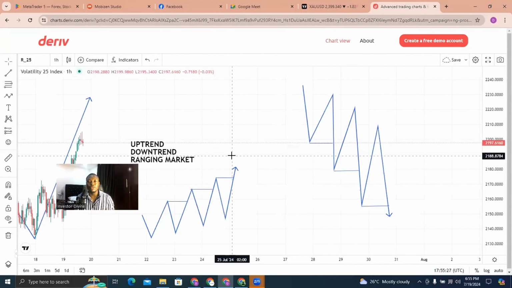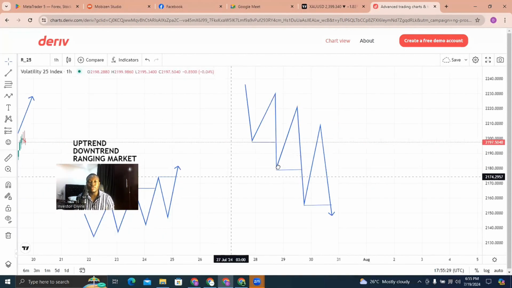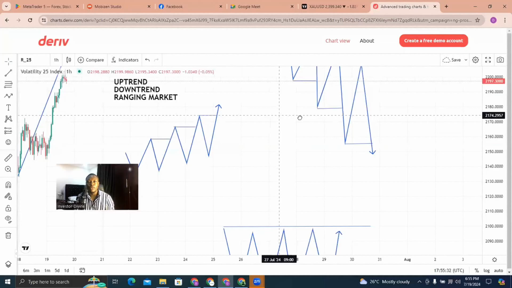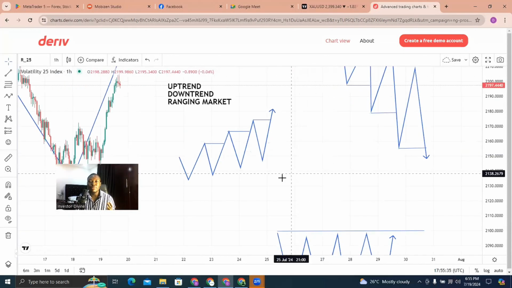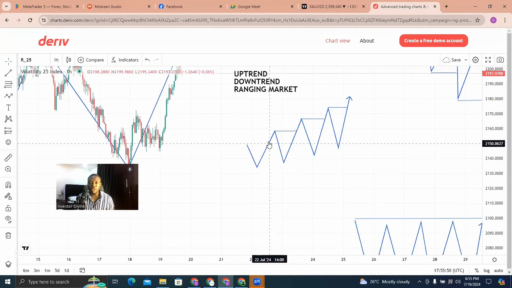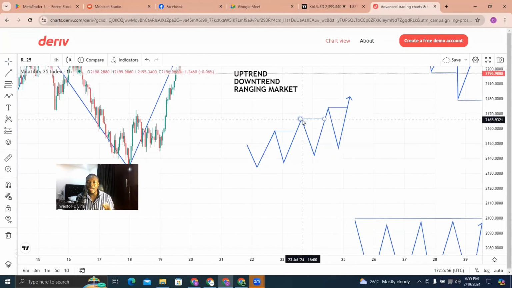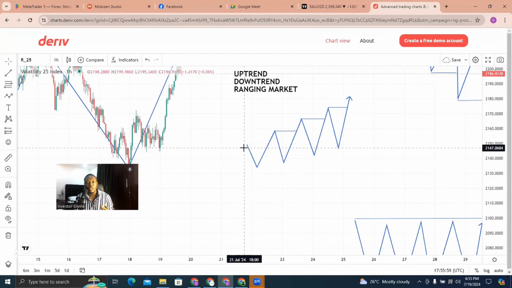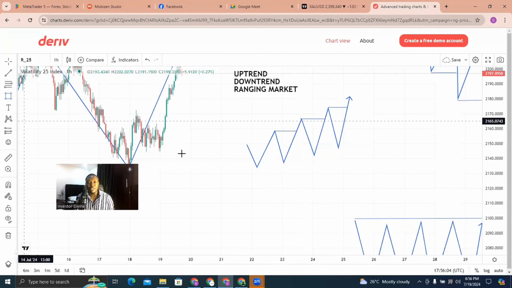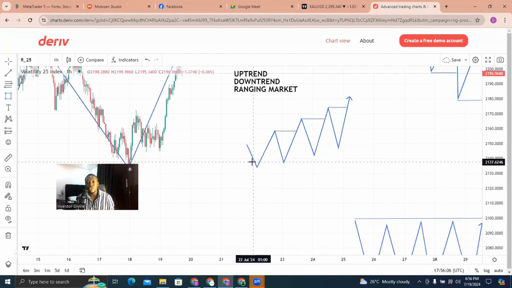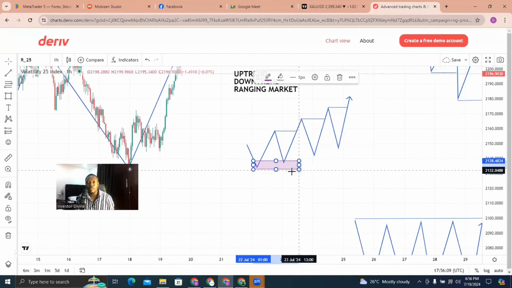Supply and demand zone. Write it down: supply and demand zone. A demand zone is that zone where market is going to sell to before it continues its buy to the upside. So what I'm saying is, there's a zone somewhere here that made market, as it broke this previous higher high, create another higher high.